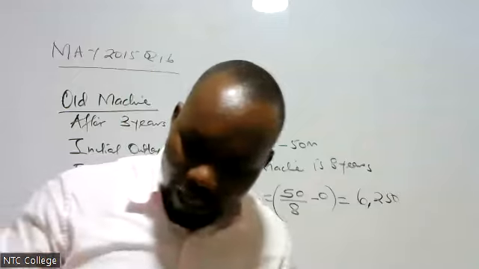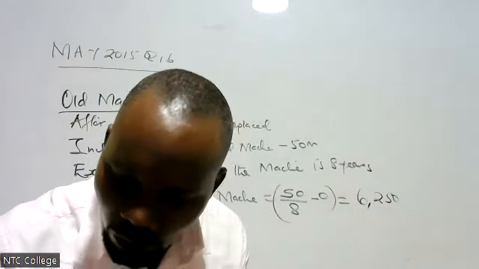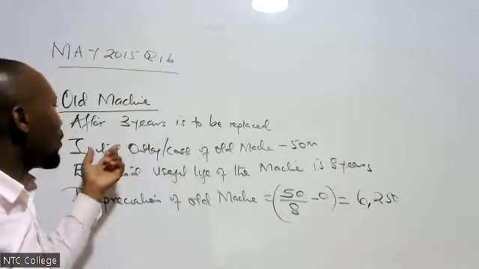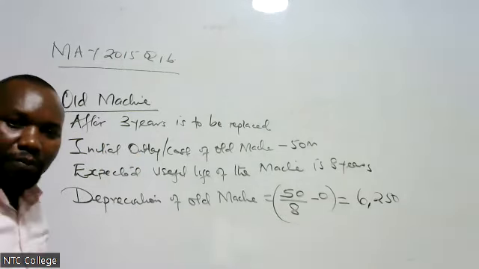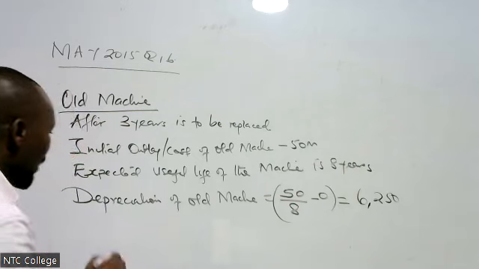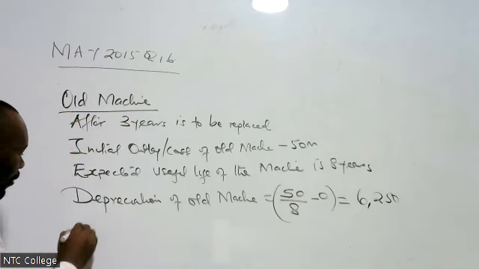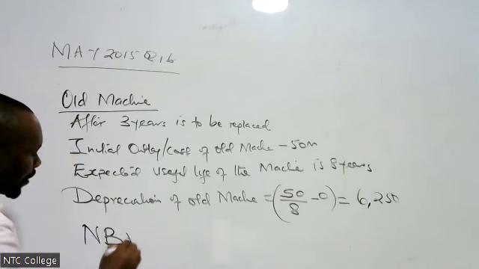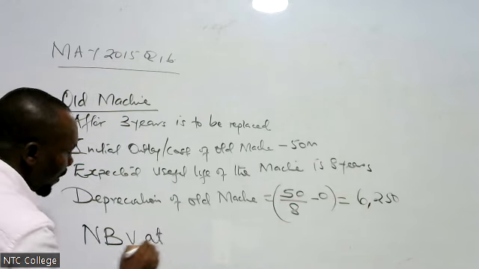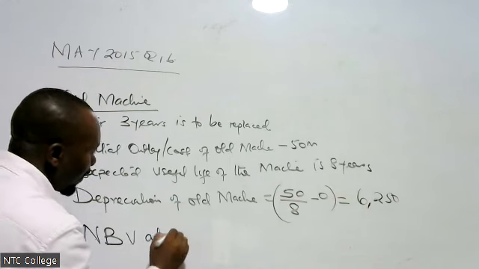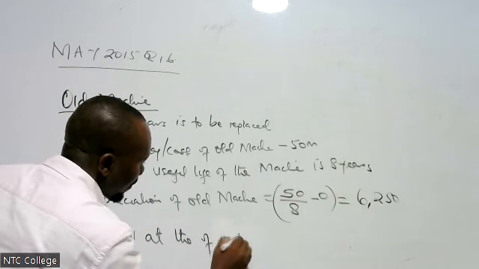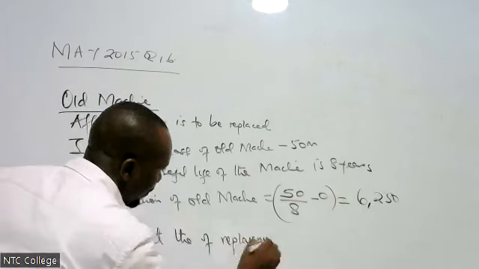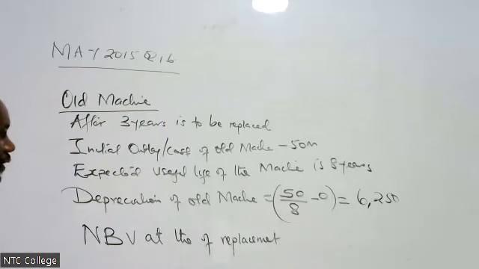By the time we are now selling the machine, or we want to replace it after 3 years, how much has actually depreciated? So we can get our net book value of the machine at the time of replacement. What is the net book value?